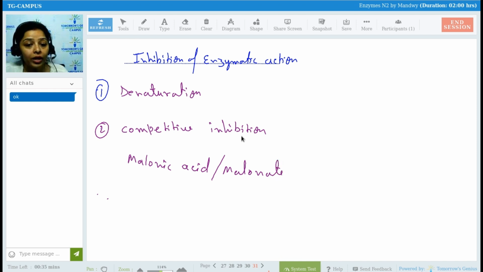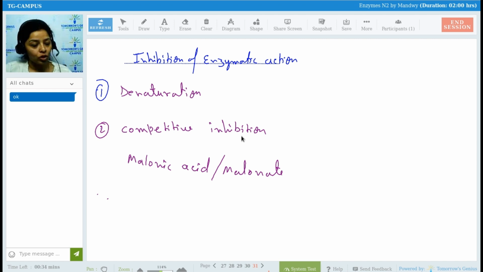This malonic acid will compete with the succinic acid. Why? Sometimes two different substrates have a similar type of configuration. If substrates have a similar configuration, then there will be competition. This is quite normal, right? So they start competing, and whoever wins and binds with the active site of the enzyme will change the reaction completely.